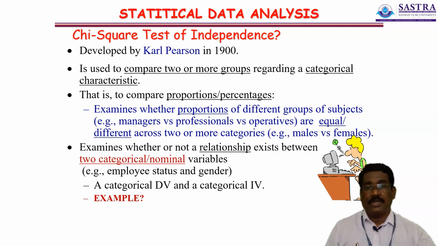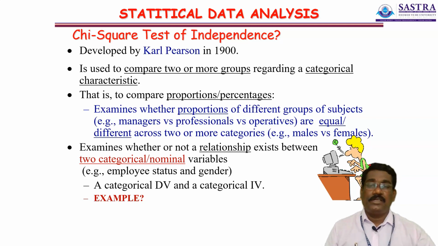With that, we can do the analysis. In SPSS we have the Pearson chi-square result, and if you observe the value is below 0.05, you have to reject the null hypothesis and accept the alternative hypothesis.